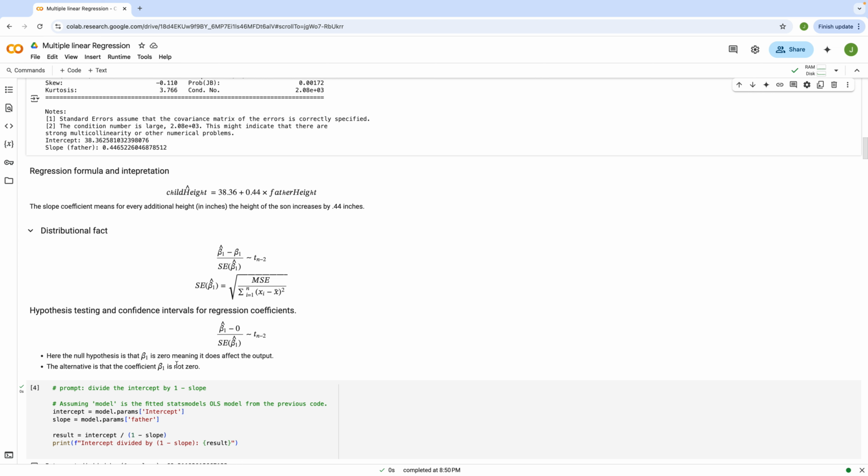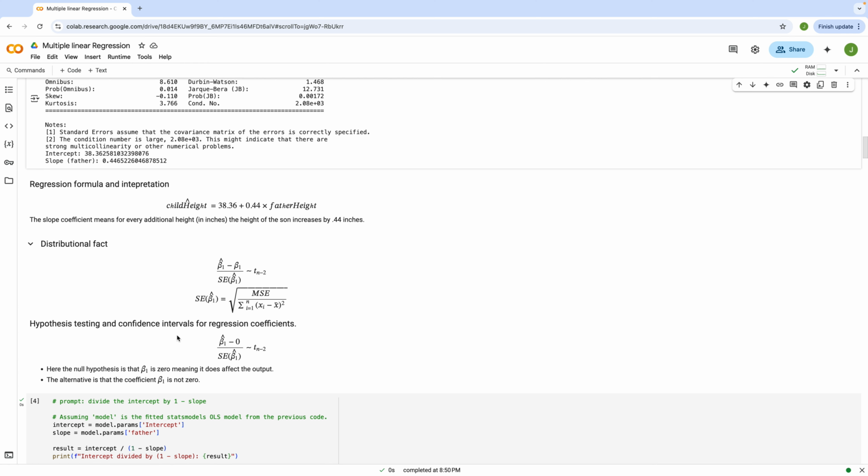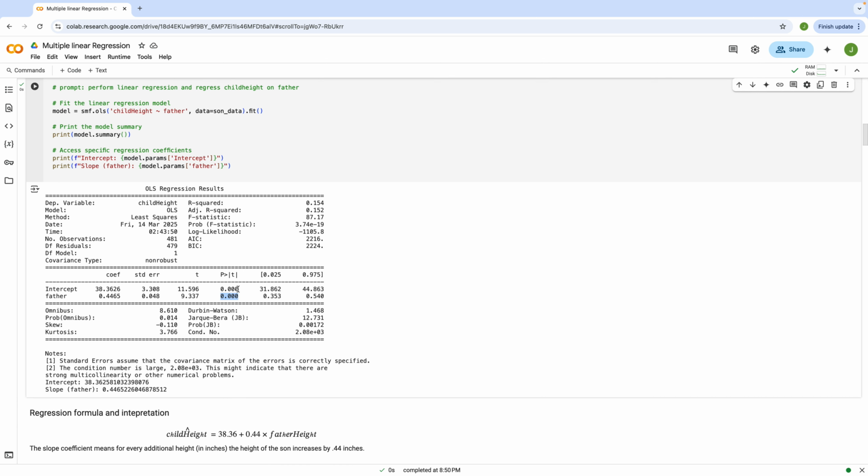So the coefficient's not 0, and that input variable affects the output. So one conclusion from this is that it could not be the case that this coefficient was 0.